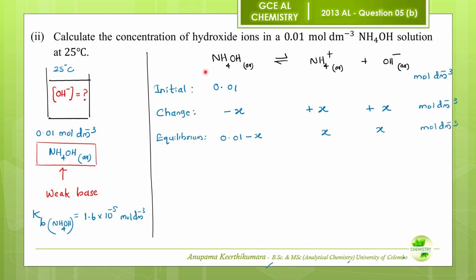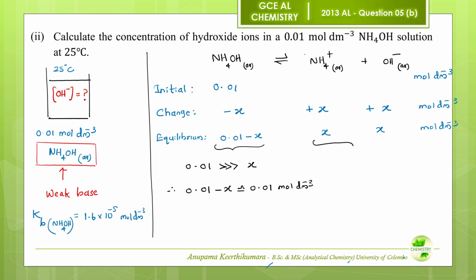Since ammonium hydroxide is a weak base, or we can see the Kb value is really small, this dissociation X is negligible. We can write 0.01 is very much greater than X. Therefore, 0.01 minus X we can assume as 0.01 moles per cubic decimeter.